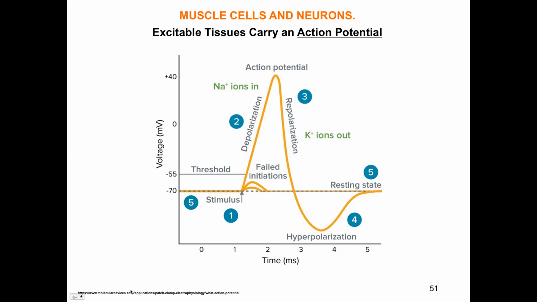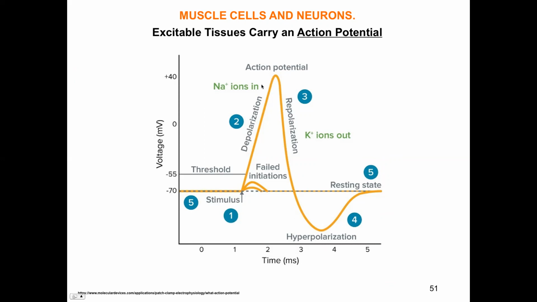And all cells have this. But it's muscle cells and neurons that are able to flip this charge or generate what we call an action potential. We'll talk much more about this later in the semester, and the details. Basically, it involves the local concentration of sodium and potassium ions, and it causes the resting membrane potential, which is usually about -70 millivolts, to flip and become positive.